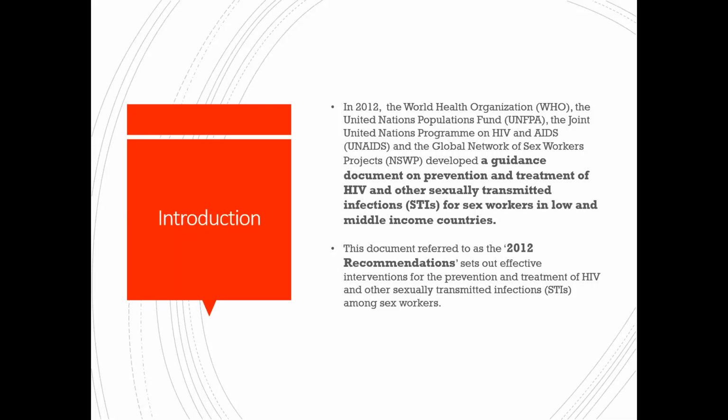This document has been highly used by some of the countries in coming up with the national strategic plans for key populations, like for example in Kenya, which you've just heard from Mugambi. This document, referred to as the 2012 recommendations, sets out effective interventions in the prevention and treatment of HIV among other sexually transmitted infections. Next slide, please.